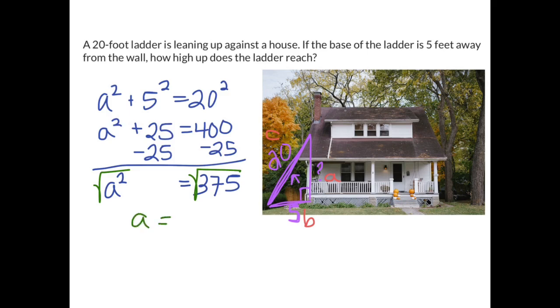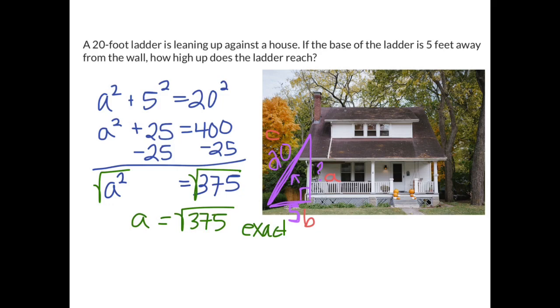So the square root of 375, based on my calculator, is another long, lengthy decimal. So you have two choices. If I want to keep my equal sign here, A equals, at this stage, because of where we are right now with remote learning, you can keep it as the square root of 375. That would be your exact answer.